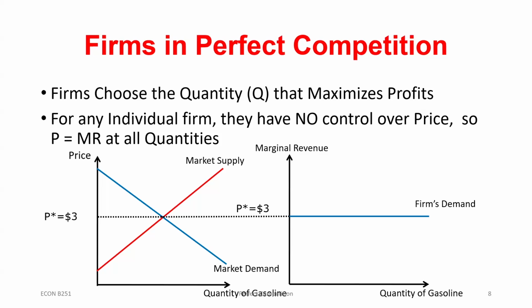What if instead I had something that increased supply? Well, what would that do? That would lower my price, which for the firm is going to lower their demand curve, or lower their marginal revenue. Now, if I'm making less money off every unit I'm selling, for a firm this is a bad thing.